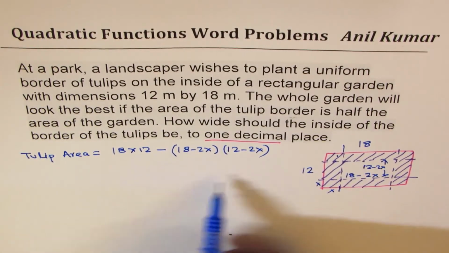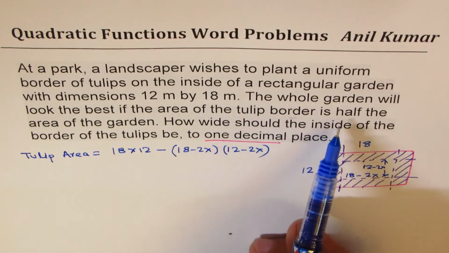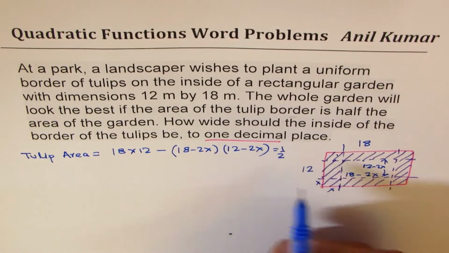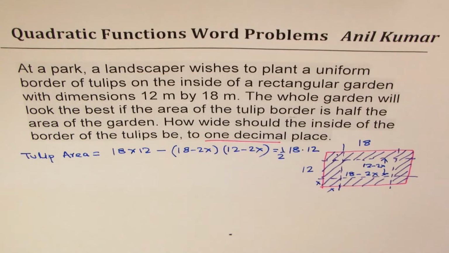And that should be equal to half the area of the garden. That should be equal to half the area of 18 times 12. So that becomes your equation to solve, right?